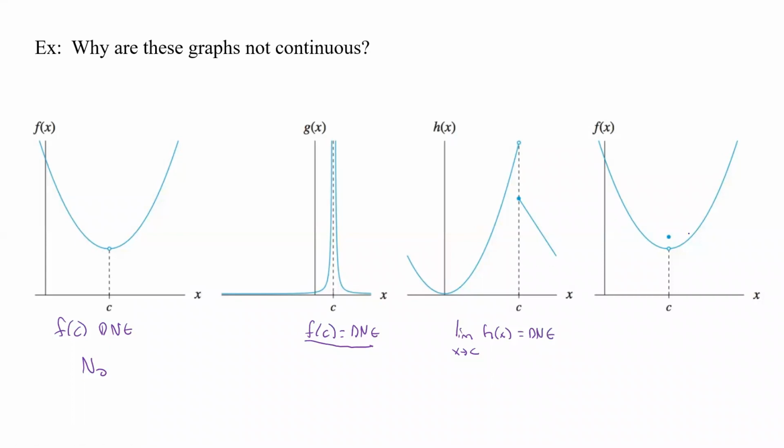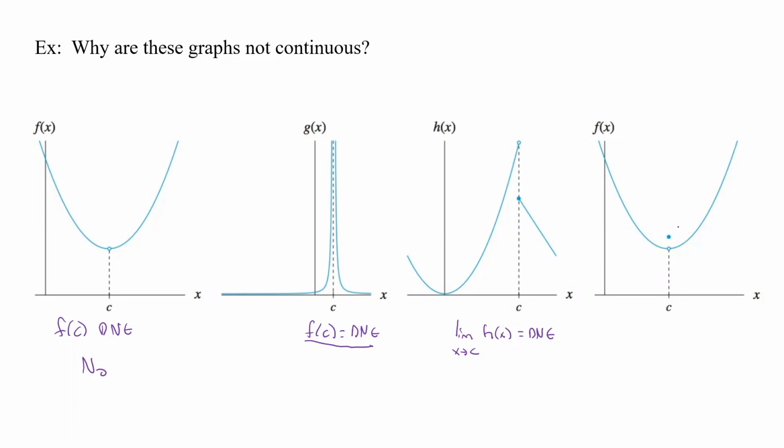Now what about this one? We have that little keyhole again. Here we actually have f of c. That does exist, so we can't say f of c doesn't exist. The graph goes down here, and we have the limit equaling from the left and right, so we do have a limit here.